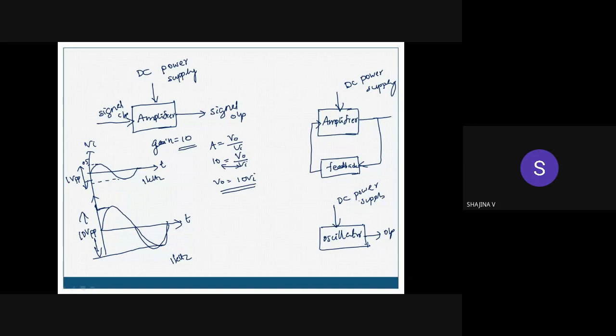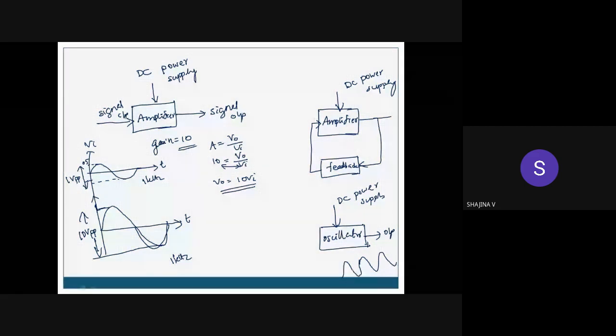If you like, we can say that from the DC energy or from the DC power supply, it will generate oscillations. That is, it can generate signals of fixed amplitude and fixed frequency. Circuits that generate periodic waveforms of a particular fixed amplitude and fixed frequency without an input signal, we are calling oscillators.